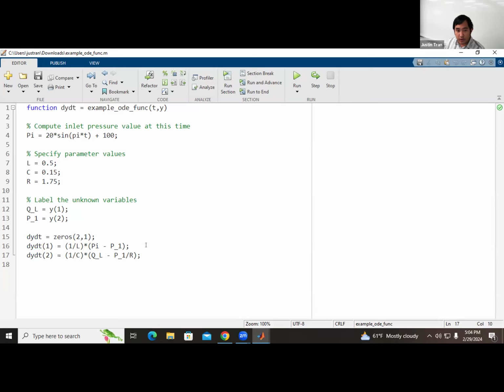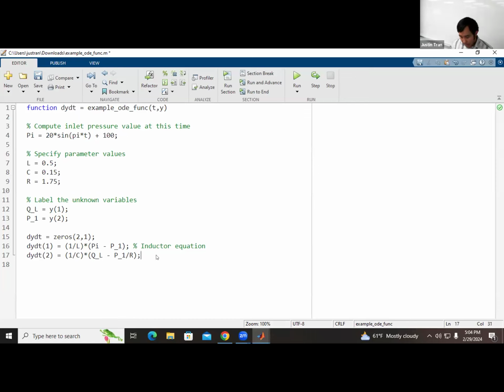The first entry is our inductor equation. If you compare it to your notes, our inductor equation is 1 divided by the inductance multiplied by the inlet pressure minus the capacitor pressure. This inlet pressure Pi of t is given by this function here: Pi is equal to 20 times sine of pi t plus 100.